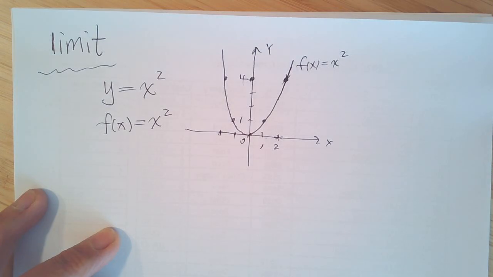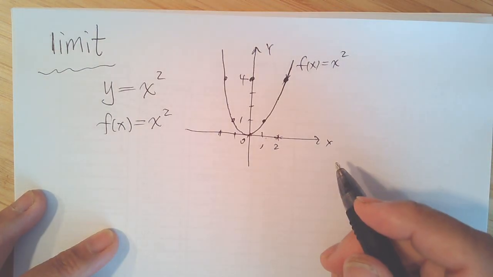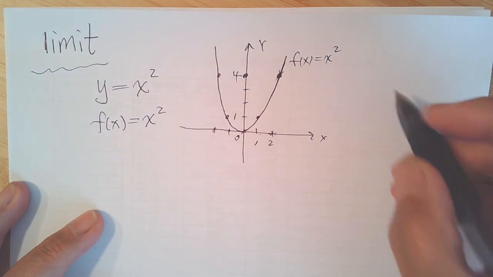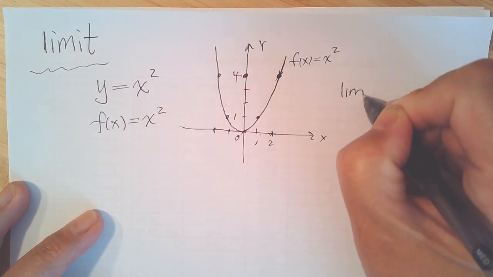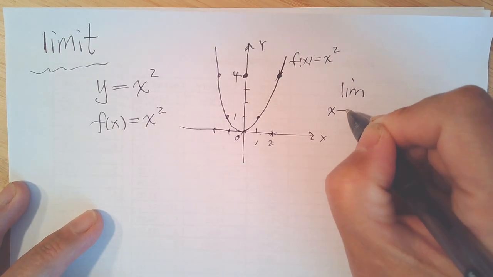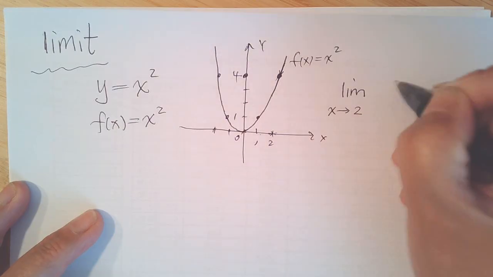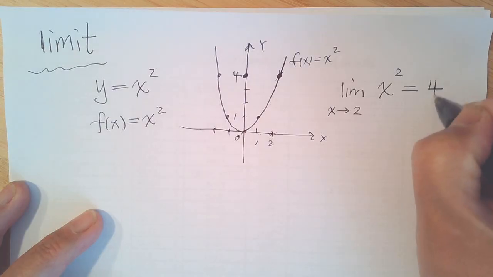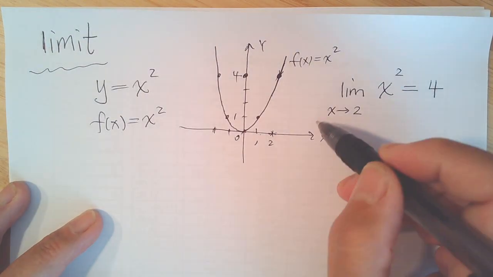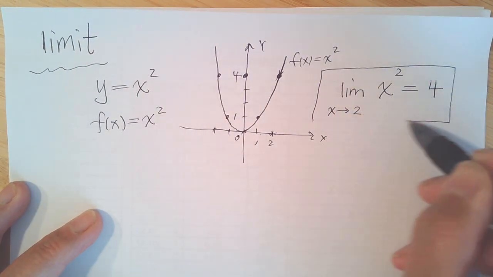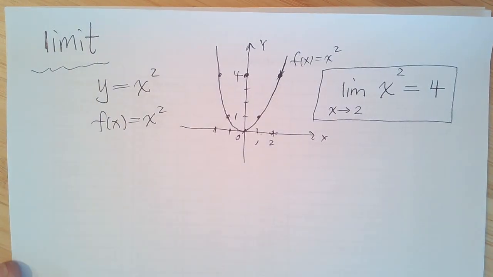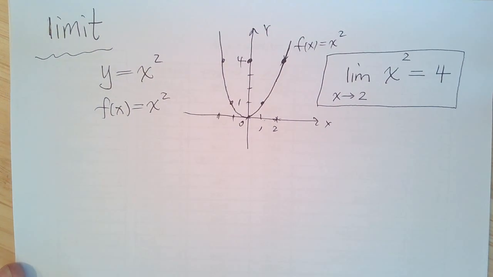So that is a very easy limit you can find. There is a notation you're going to learn: the limit as x approaches 2 of x squared is 4. This is a very interesting notation that you have never learned before, and that's the first time you see it.